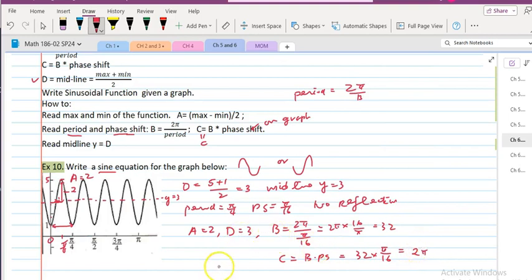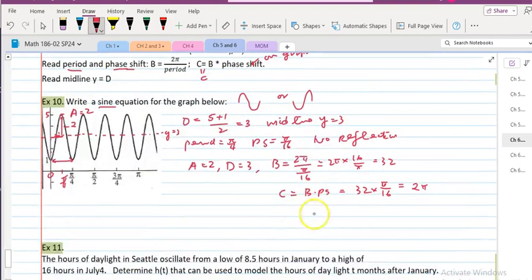So I have A, B, C, D all figured out. So my sine function would be y equal to 2 sine of 32x minus 2 pi, because it's to the right, plus D, 3.